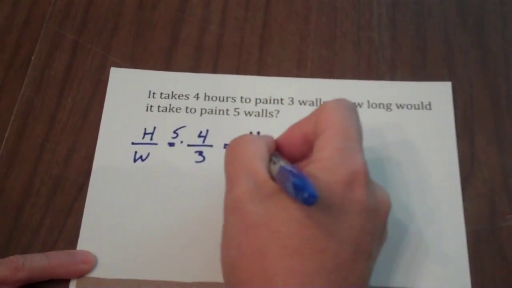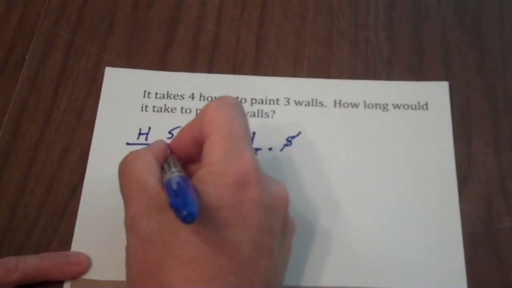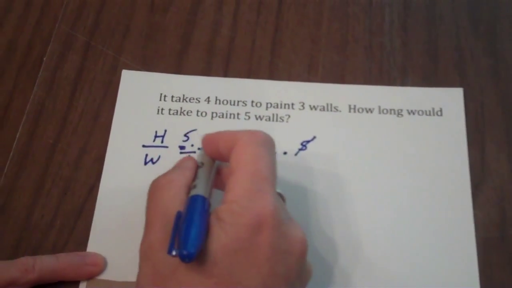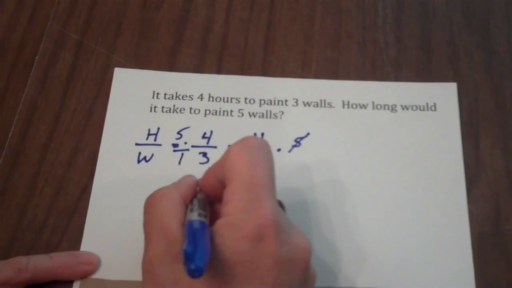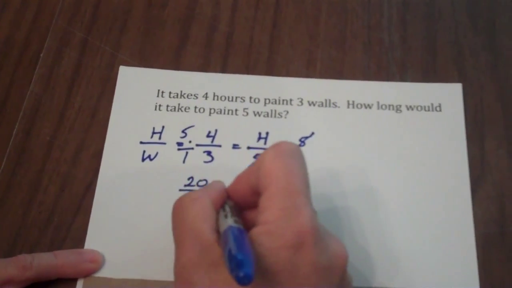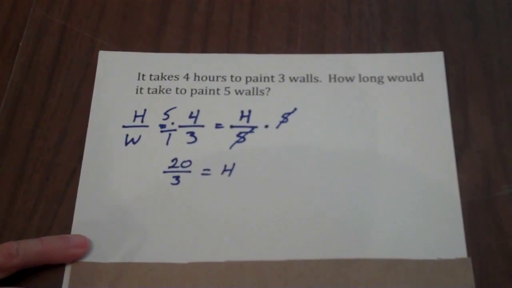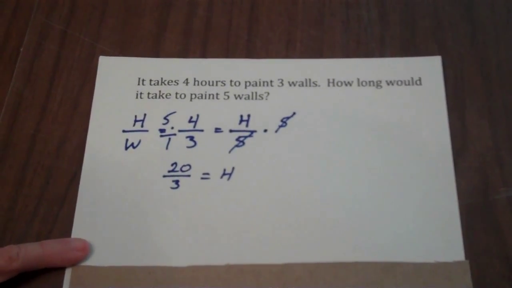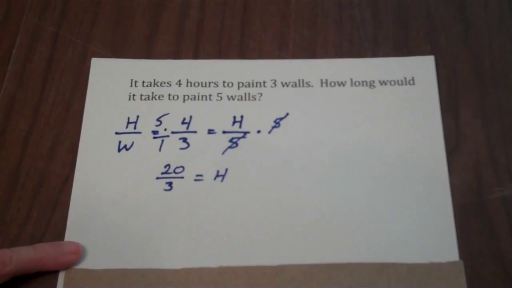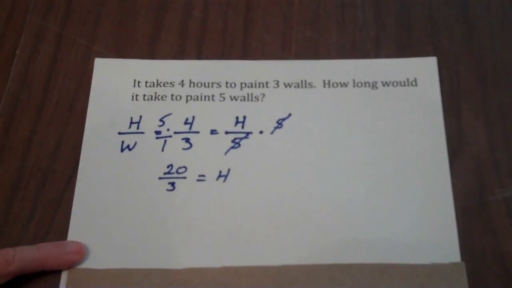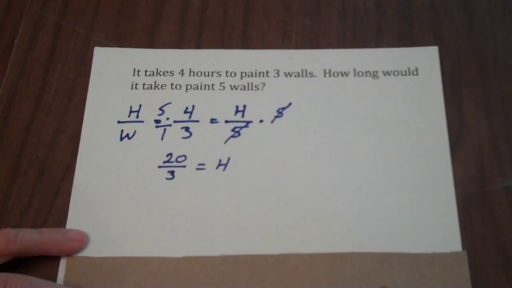In this case, the 5's cancel. On this side, I have 5 times 4 is 20 over 3. So the answer is, it takes 20/3, or 6 2/3, or 6 hours and 40 minutes. Any of those answers are acceptable to paint the 5 walls.